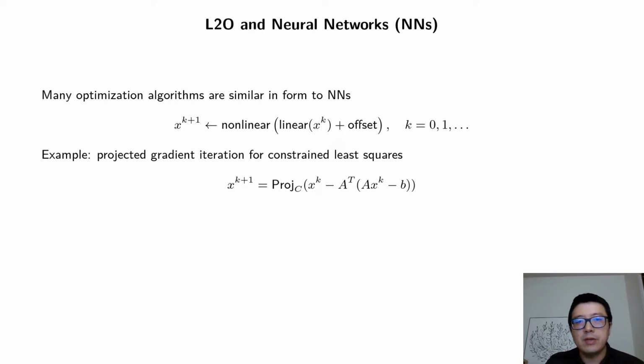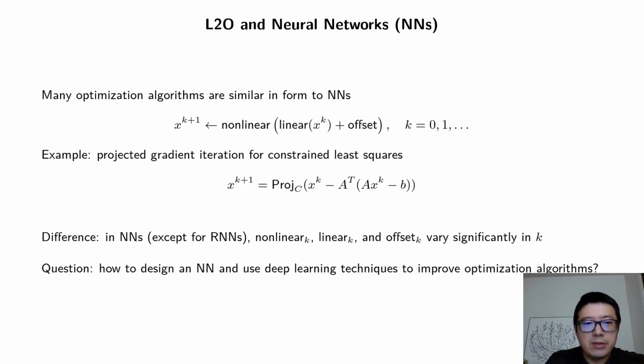Consider, in comparison, an iteration for constrained least squares, where we want to minimize the 2-norm squared of Ax minus b, subject to x belonging to the constraint set C. The inner step is gradient descent on the objective, and the projection step projects the output to the constraint set. This is a linear operator with offset, and projection to C is usually a nonlinear operator.